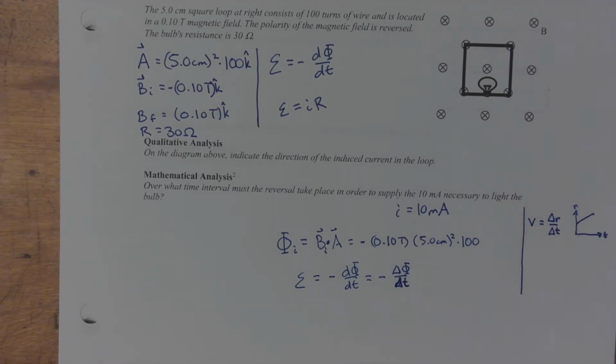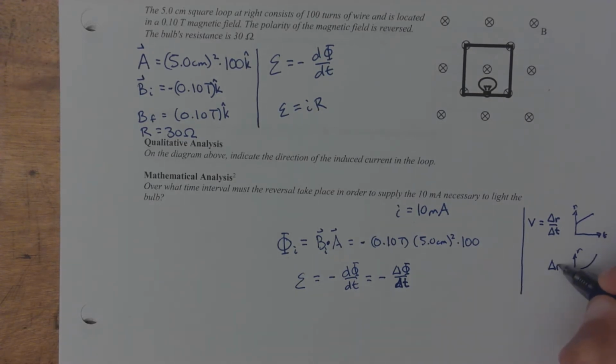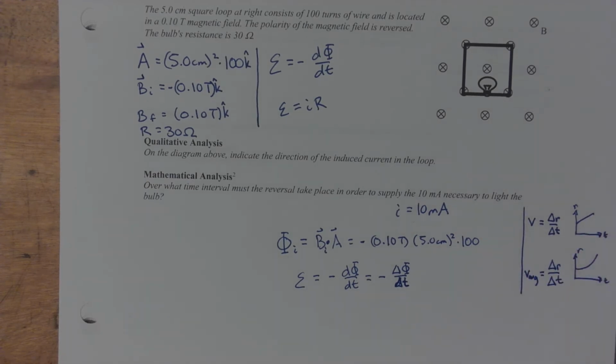So then it gives you the velocity. But if the position versus time graph was not linear, so let's say it looks like this, then doing delta r over delta t instead of the derivative doesn't give you the instantaneous velocity, but it does give you the average velocity.